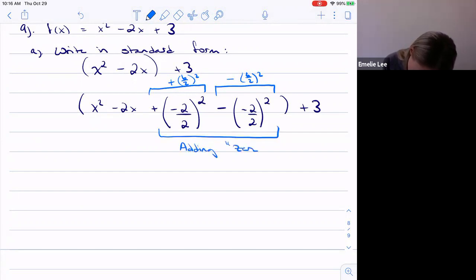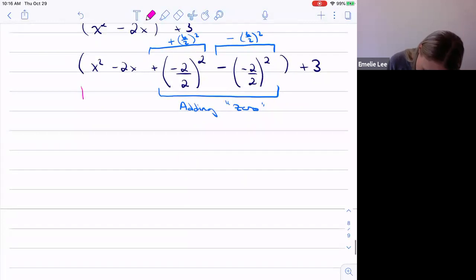Adding 0, that's the whole point, right? If I have to add b over 2 squared, I also have to subtract b over 2 squared. Otherwise, I'm altering it, right? So here, I'm just making a note, okay, I'm adding 0, technically, right? So everything is safe.